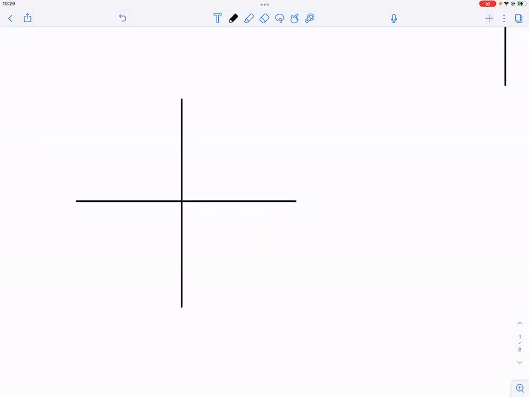Now, let me present another situation. We have this line right here, and we call it y equals x. You learned it from algebra 1.